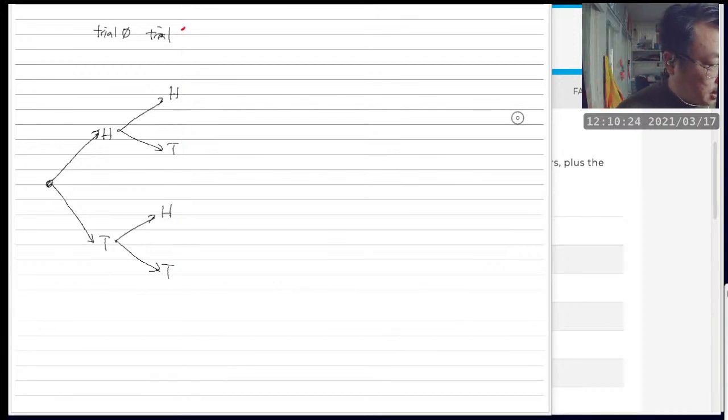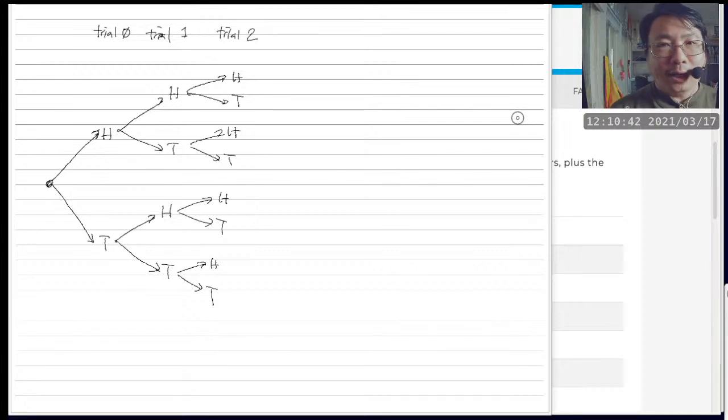Now we want to look at trial 2, which is the third trial, so to speak. Once again, it can be head, tail, head, tail, head, tail, head, tail. So now we have 8. If someone was to ask me, what does omega look like in this case?